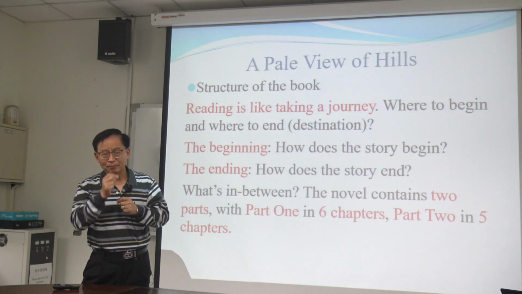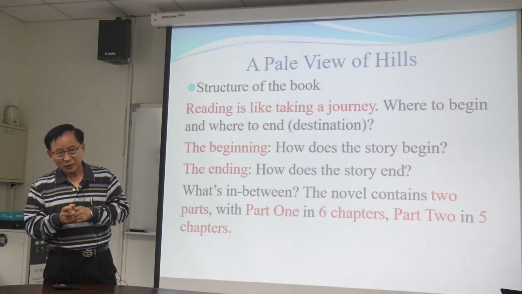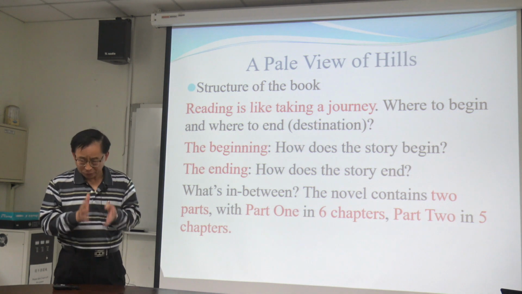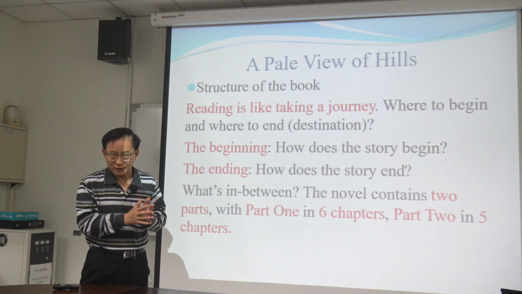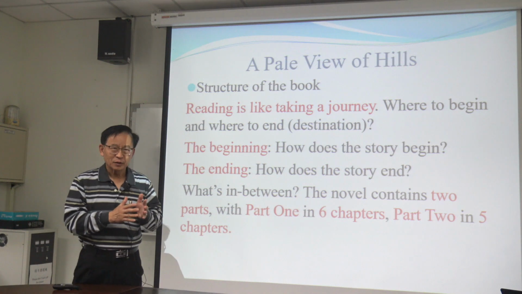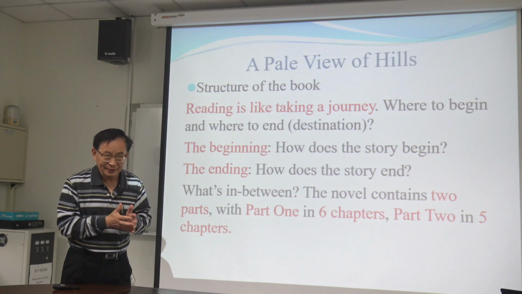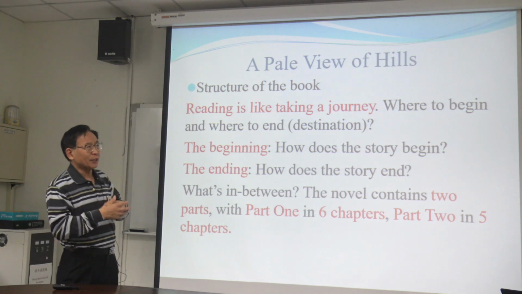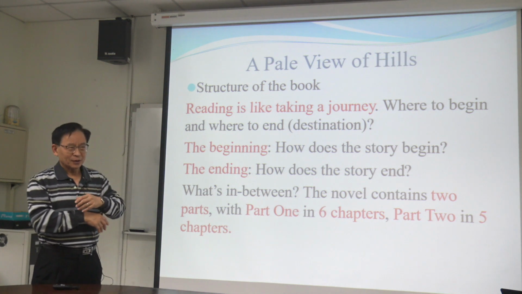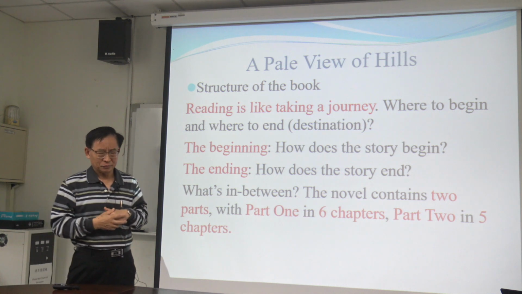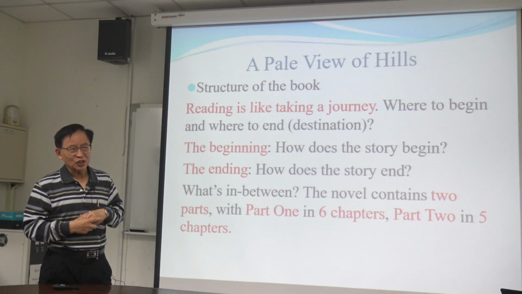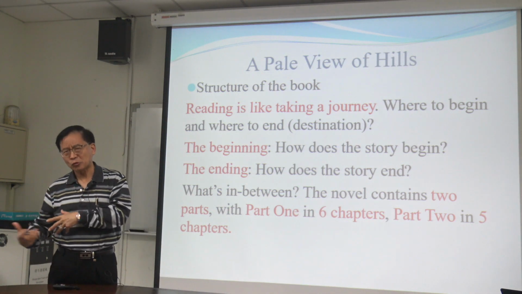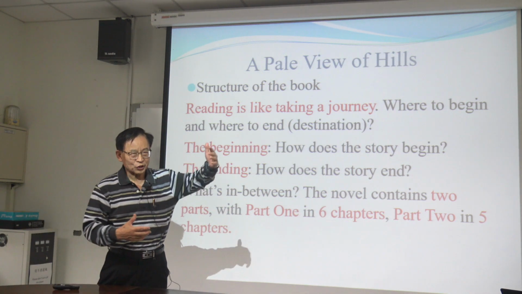So the end of part 1, in other words, the end of chapter 6, should be quite significant, and we will address it later. And overall, when we read a novel, we have to imagine reading is like taking a journey. You start from somewhere and you end somewhere.